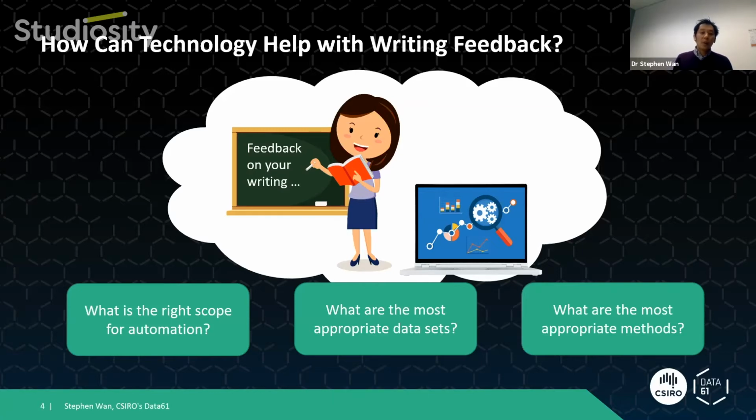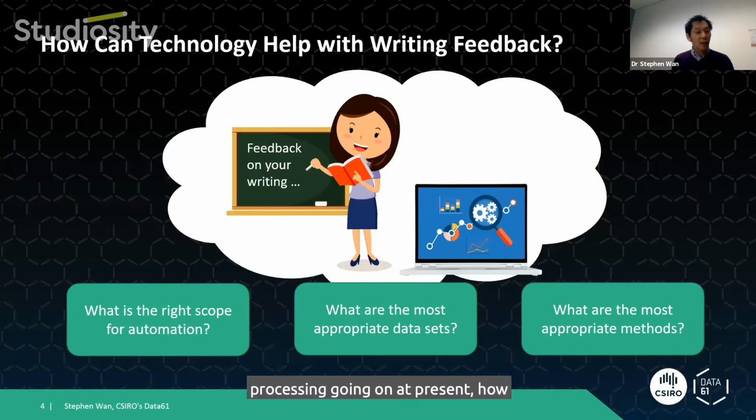And finally, with all the different advances in artificial intelligence and natural language processing going on at present, how do we decide which of these technologies to use? Fortunately, we have a wealth of published literature that can answer these questions.